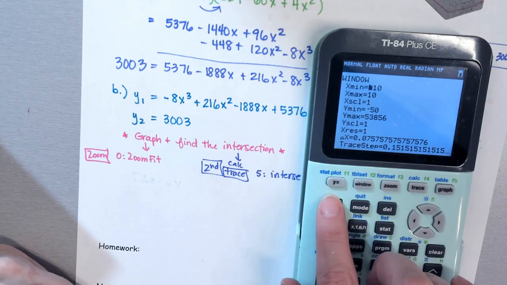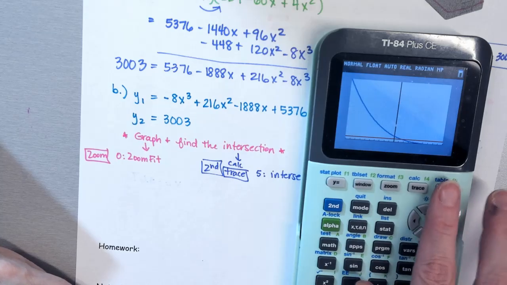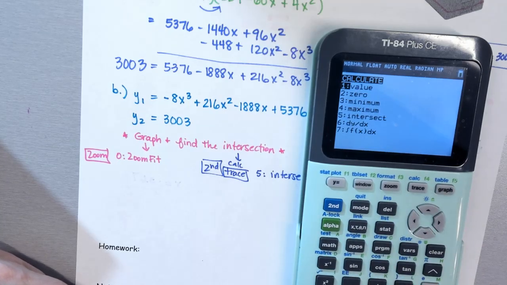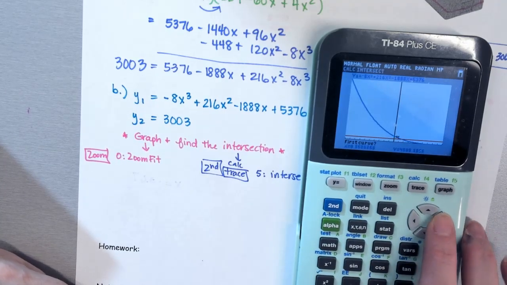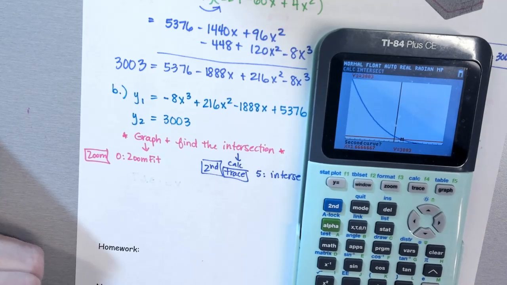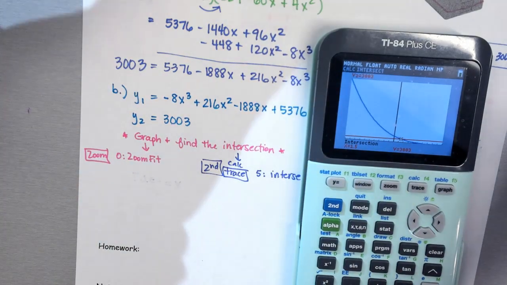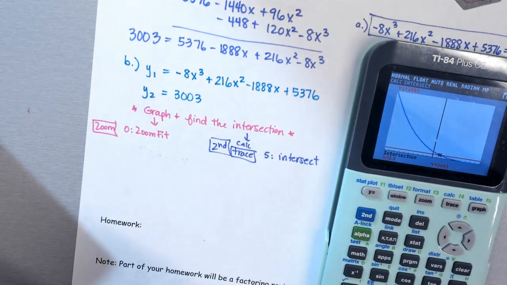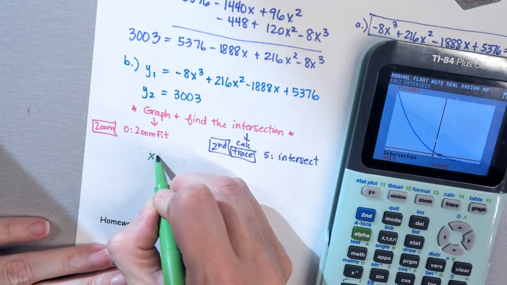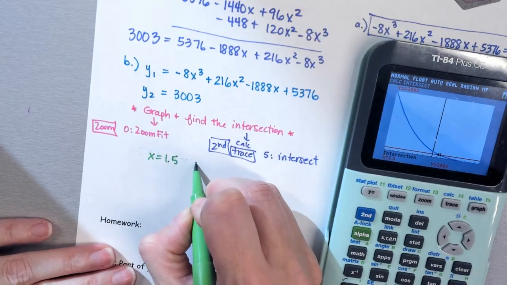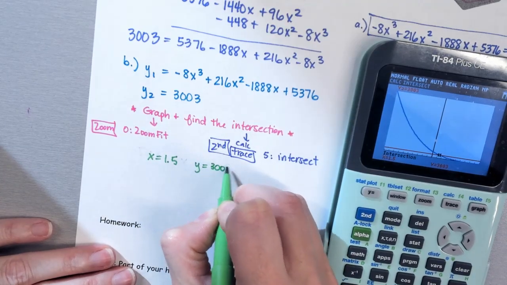Okay, so then you can go to second calc, and then 5 is intersect, so we're going to try to get it right on there. And it asks you for the first curve, the second curve, and your guess, so you can press enter 3 times, and then it's going to give you a value for x and a value for y. So they tell you that x is 1.5, y is 3003.